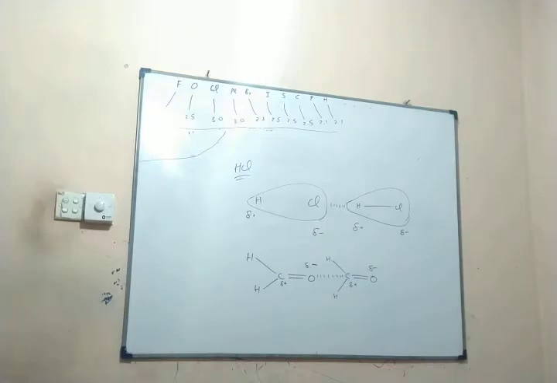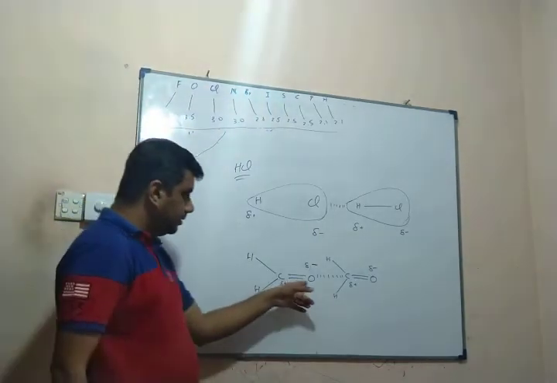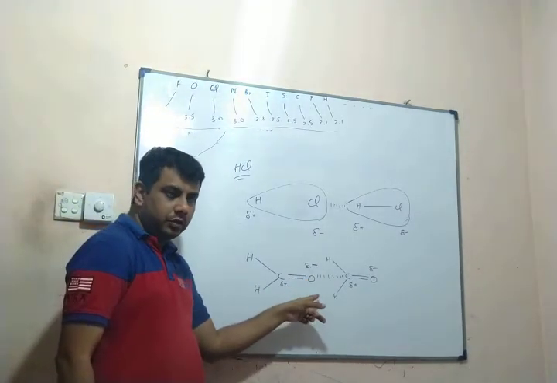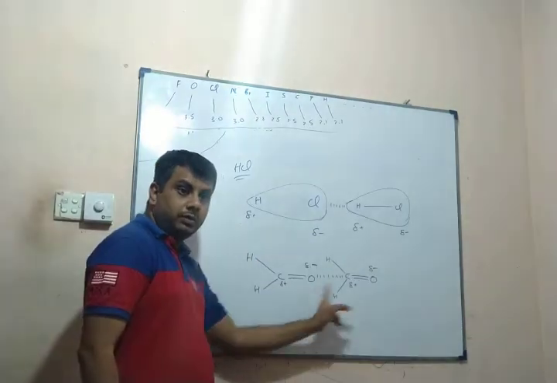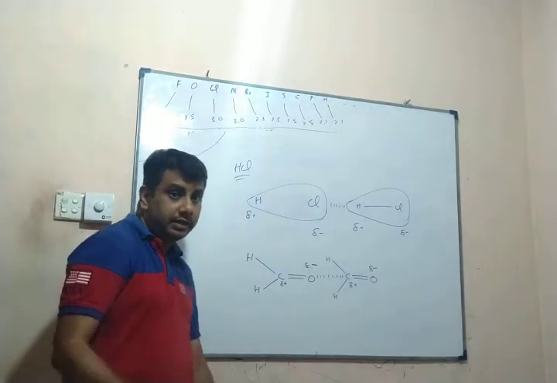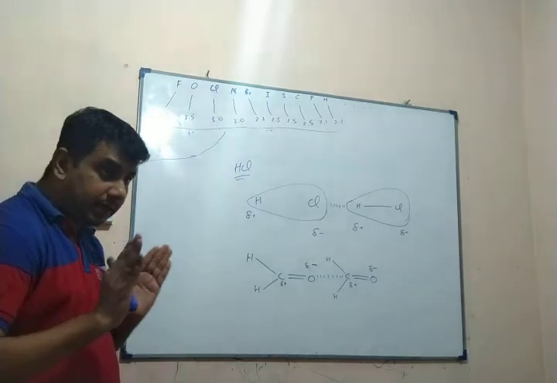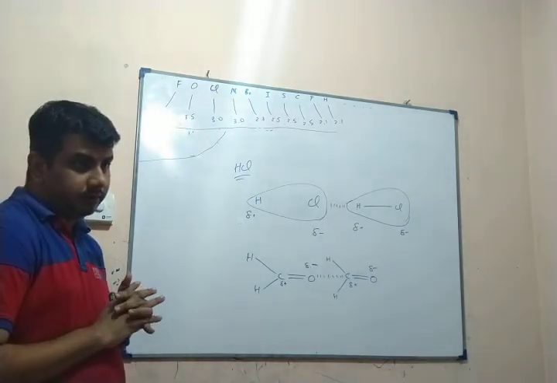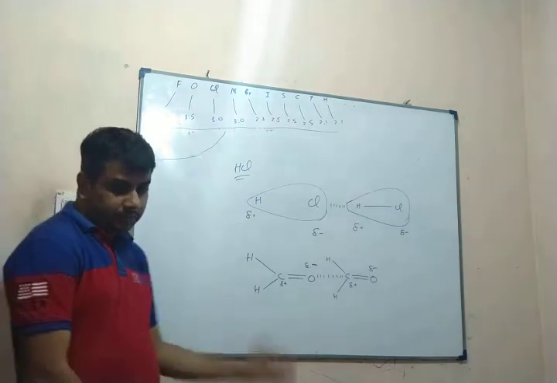There will be an attraction. That attraction is called what? Dipole attraction. Why dipole? Because this is a dipole and that is also a dipole. So the attraction is a dipole attraction.